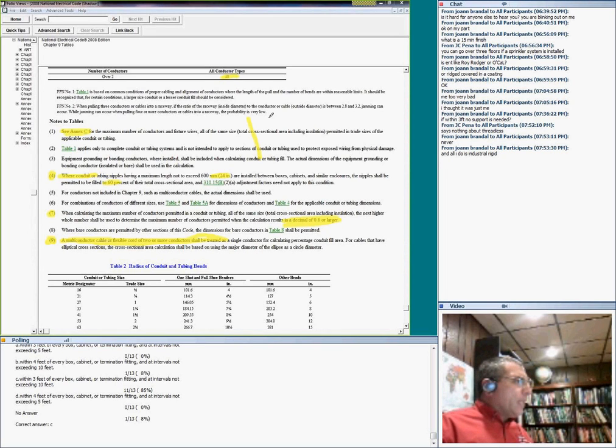If you end up with 11.8, you round up to 12 conductors, but at 11.7 you have to go down to 11, because you don't have 0.7 of a conductor. That's basically what this rule is. It's very important for the journeyman license. So I want to highlight these two in particular because they come in very handy.